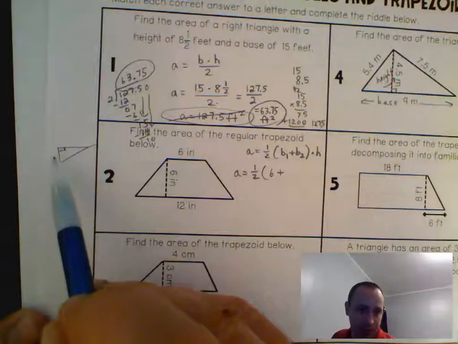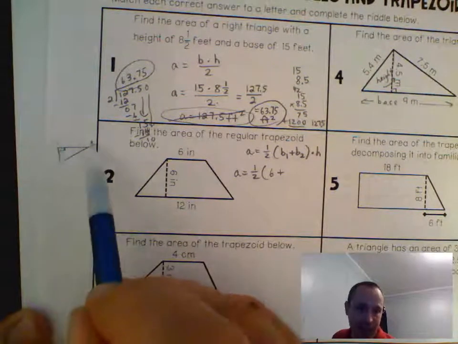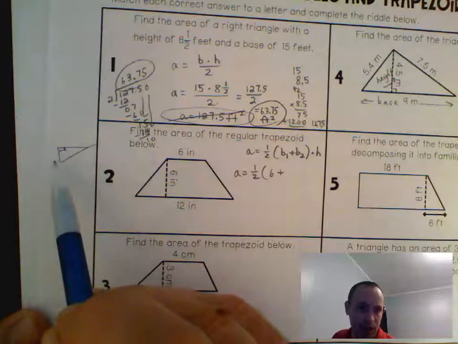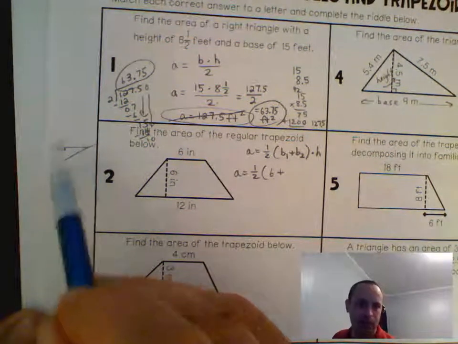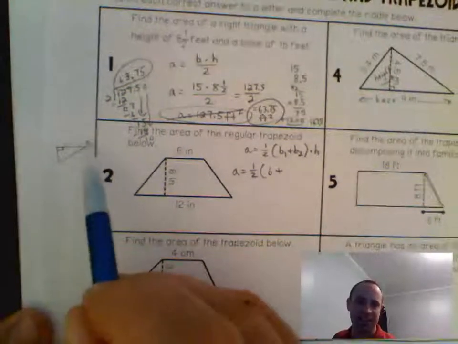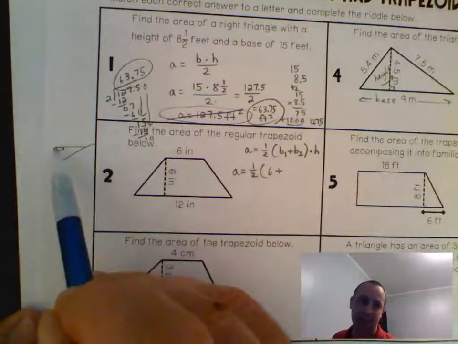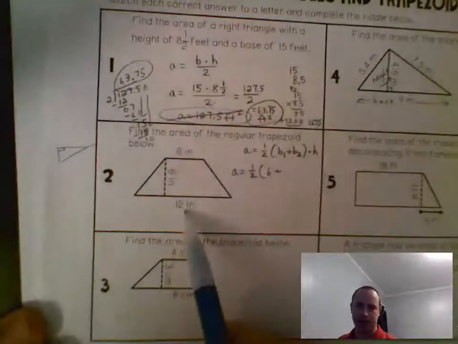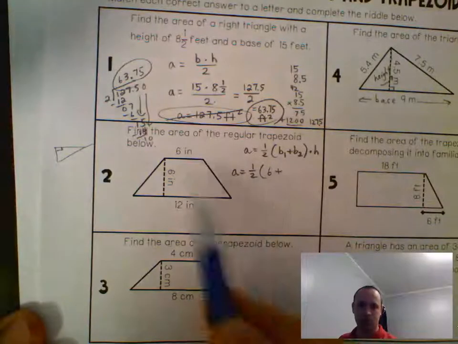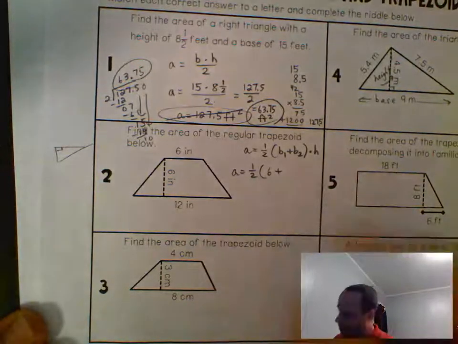Or if you want to, if this is your base, then that one would be your height. Because if you pretend like you flipped it around and had it sitting on this, if that's your base, then that's your height. If you flipped it all around, had it sitting on this, then this is your base and that's your height. So same deal with this. We're going to call this base 1 and that base 2. So for B1, we'll put a 6. For B2, we'll put a 12.